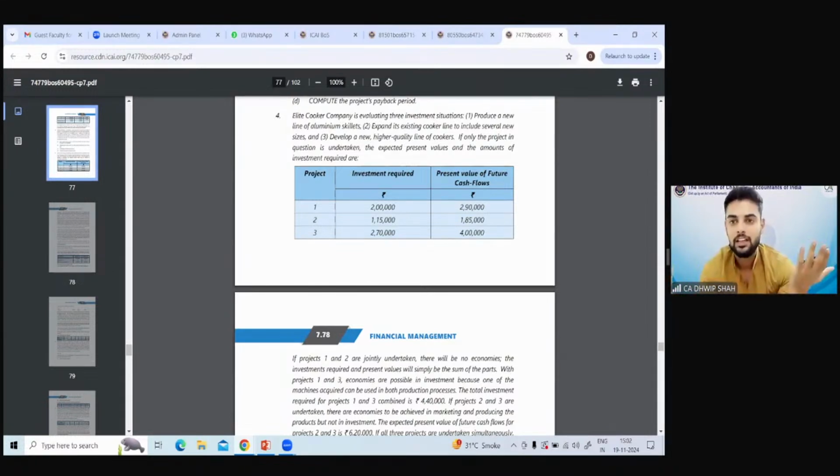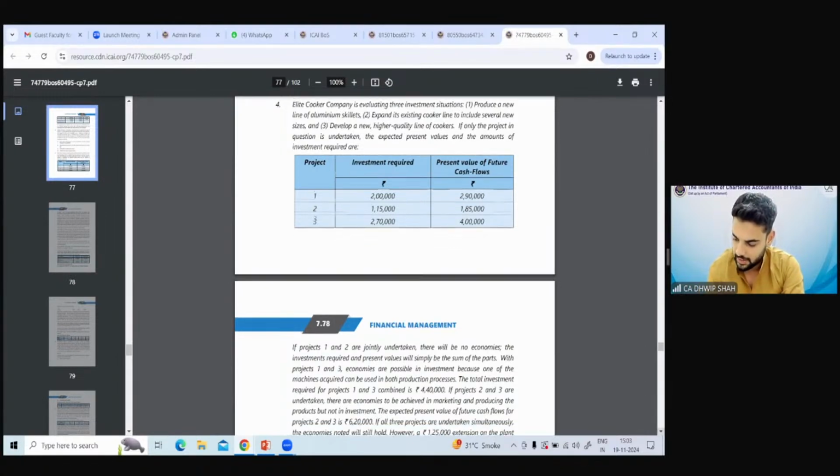But here, they have directly calculated the present value itself. So please focus on that. Okay? Students generally make a mistake over here. They discount these cash flows even though the present value is already given. If project 2 is taken, then the amount of investment is 1,15,000 and PVCI is 185. And similarly, 270 of investment for project 3 and 4 lakh of PVCI.